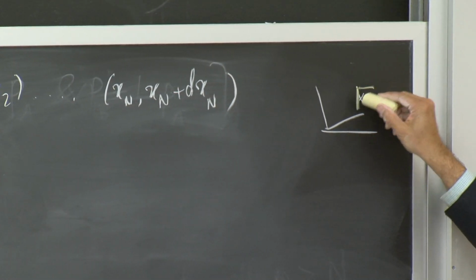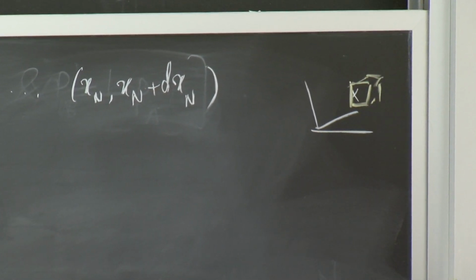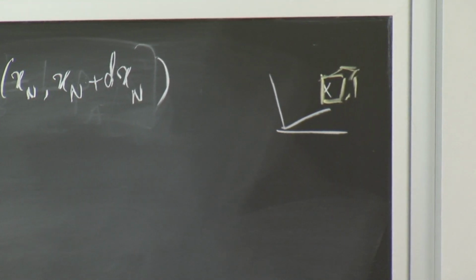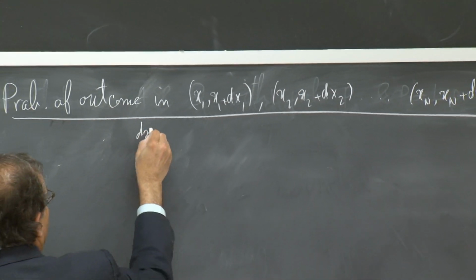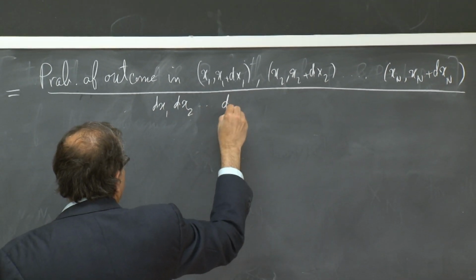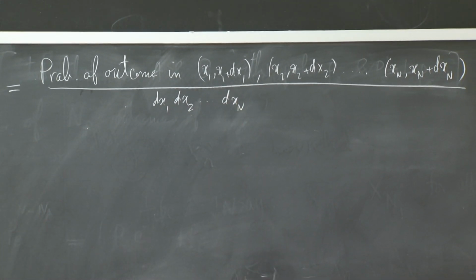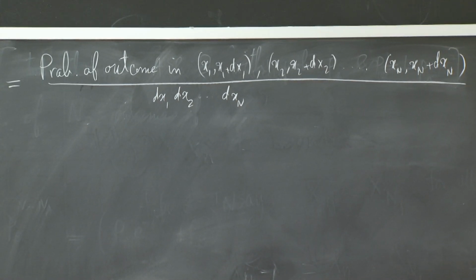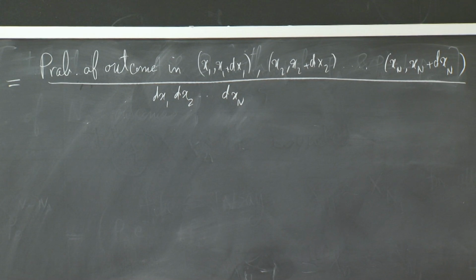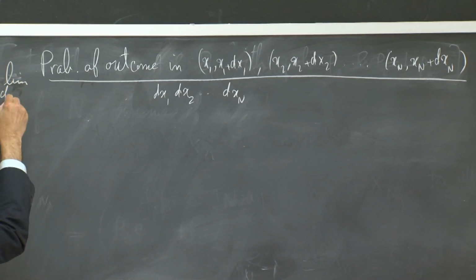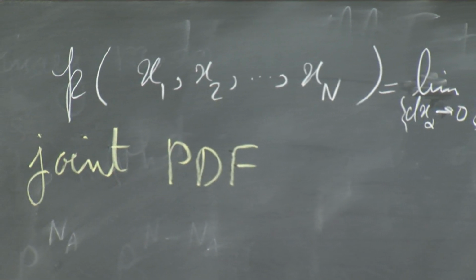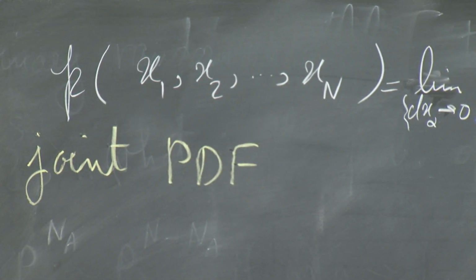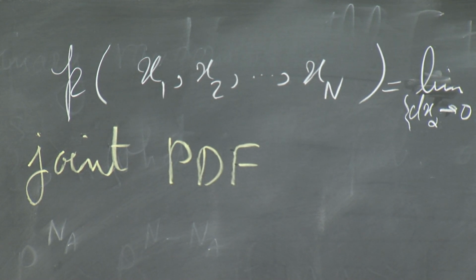You build a little cube around it. You ask what's the probability to be in that cube, and then you divide by the volume of that cube, dx1, dx2, dxn, which is the same thing that you would be doing in constructing any density, by ultimately taking the limit that all of the dx's go to 0. Okay? Fine. So this is the joint probability distribution.